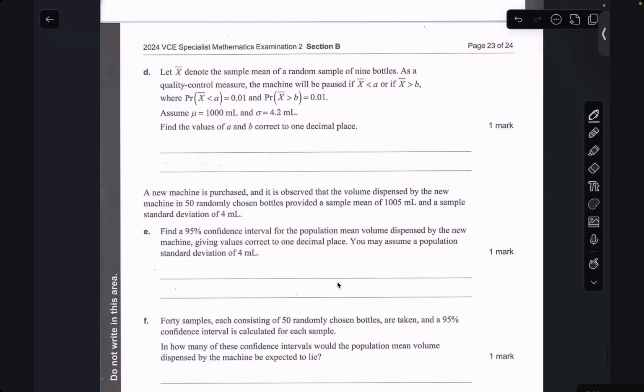Let x bar denote the sample mean of a random sample of 9 bottles. As a quality control measure, the machine will be paused if x bar is less than a, or if x bar is greater than b. So find the values of A and B. Okay, so again we can do an inverse normal.